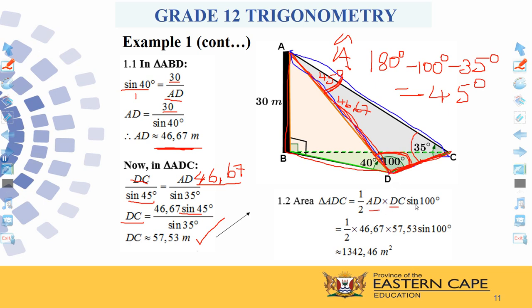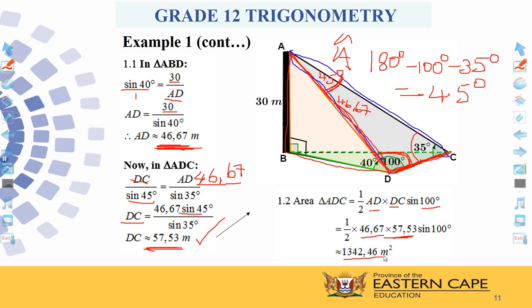So AD, DC, and sine 100, and then I simply substitute half, side AD, which I've just calculated to be 46.67, multiplied by the side that I calculated next, which is DC, 57.53, multiplied by sine 100, and the correct answer when I press my calculator will be 1342.46 square meters. So as you can see, that is not difficult to work with three-dimensional figures.